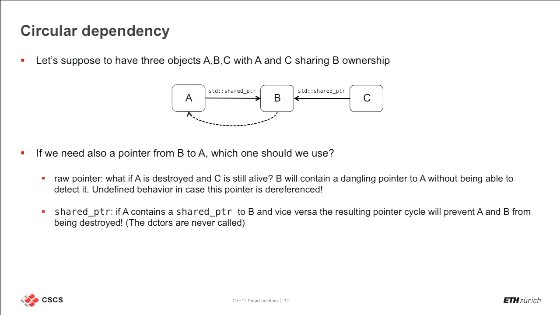Let's suppose that at some point I try to destroy the object A. A contains a shared pointer to B, so the destructor of A at some point will try to destroy the shared pointer to B. Since B is only pointed to by this shared pointer, because we assume that C is no longer here, the destruction of this shared pointer, which is the unique pointer pointing to B, will also cause the destruction of the object B, of course, the invocation of the destructor of B. But the problem is that B is containing a shared pointer to A, so it will try to destroy A, and so you can imagine how things go on at this point.